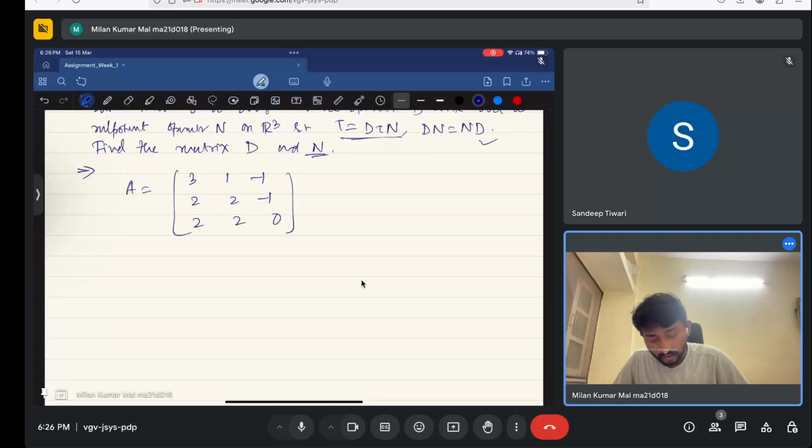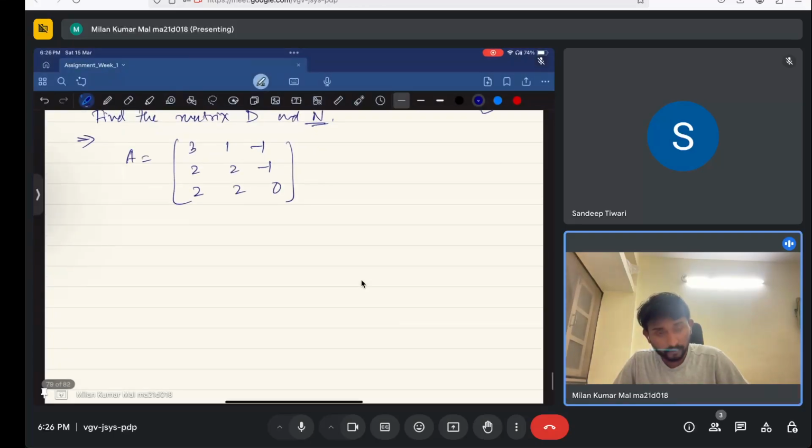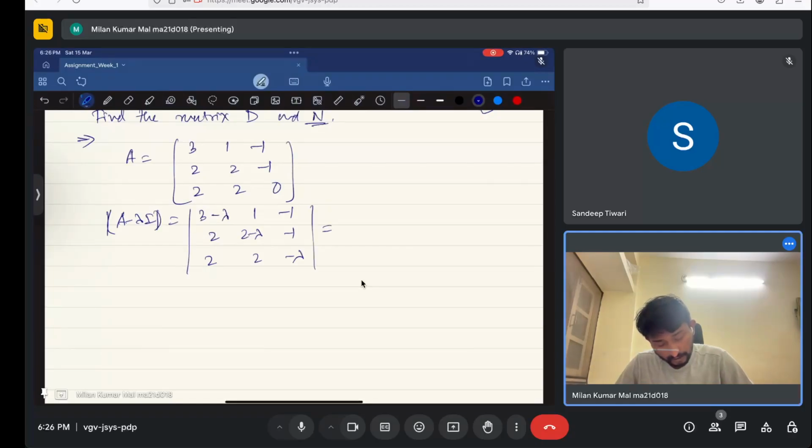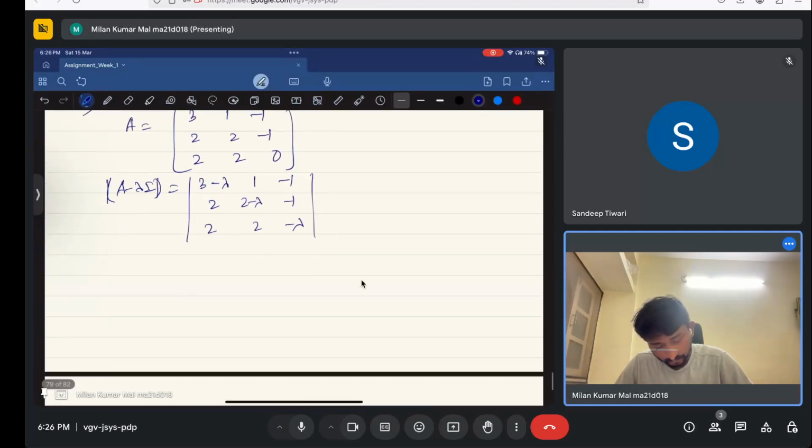So first work is, as usual, we have to find the characteristic polynomial. Determinant of A minus lambda I is 3 minus lambda, 1, minus 1, 2, 2 minus lambda, minus 1, 2, 2, minus lambda. So this will be little tricky, I think.